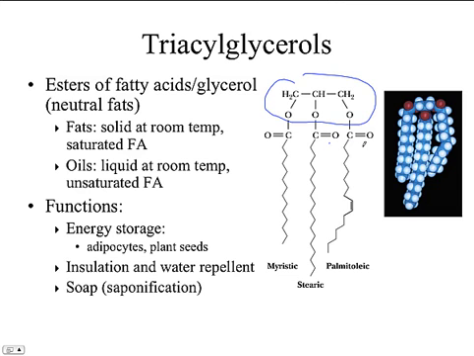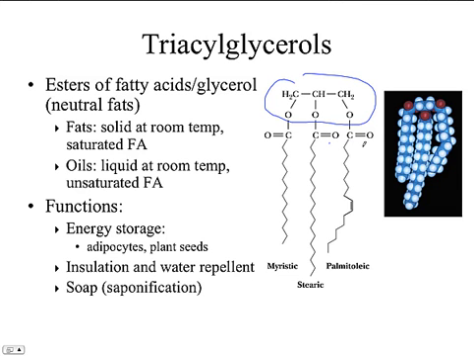In terms of the functions of triacylglycerol, the major thing that we use triacylglycerols for is simply energy storage. As animals, most of our energy is stored in the form of triacylglycerols. Whereas carbohydrate storage can maybe give us about a day's worth of energy, triacylglycerols could give us several weeks to possibly even a month or 2 worth of energy.